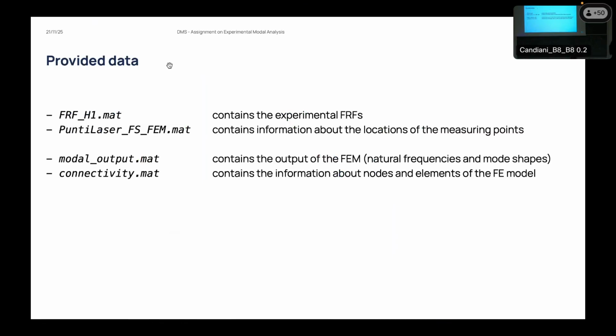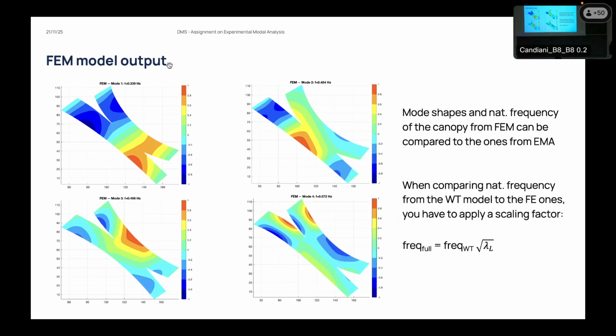Together with those map files, I'm pretty sure I have also uploaded a script called students.m, in which you have some hints for the visualization of the modes. So you have the syntax of the patch you can use to visualize the shape of the mode like this. Okay, so if you run this, you can obtain this kind of colored picture for the canopy.